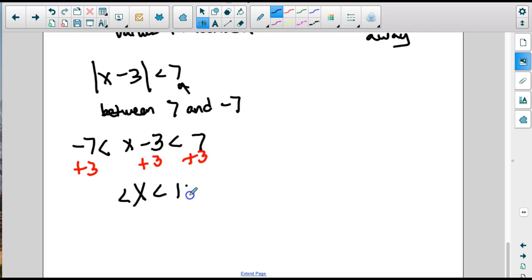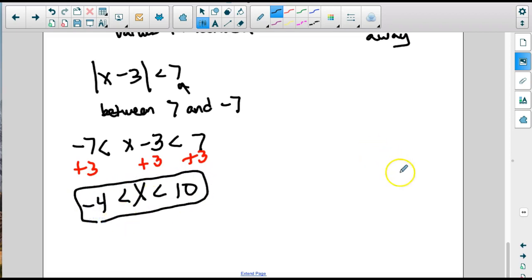It's 10 on this side because it's 7 and 3. Negative 7 and 3 is negative 4, so my values are going to come out between negative 4 and 10. We could write that as interval, negative 4 and 10. So that's our interval. Okay, and then that would also be the solution.